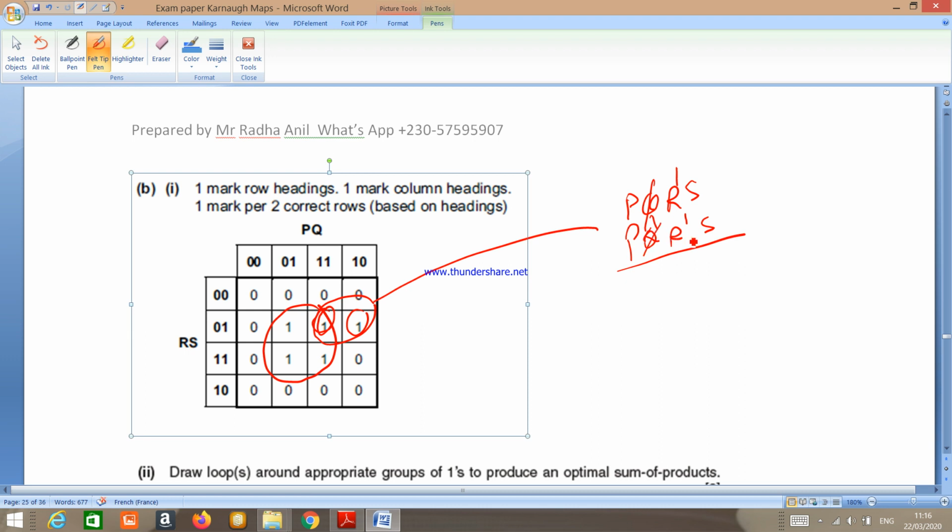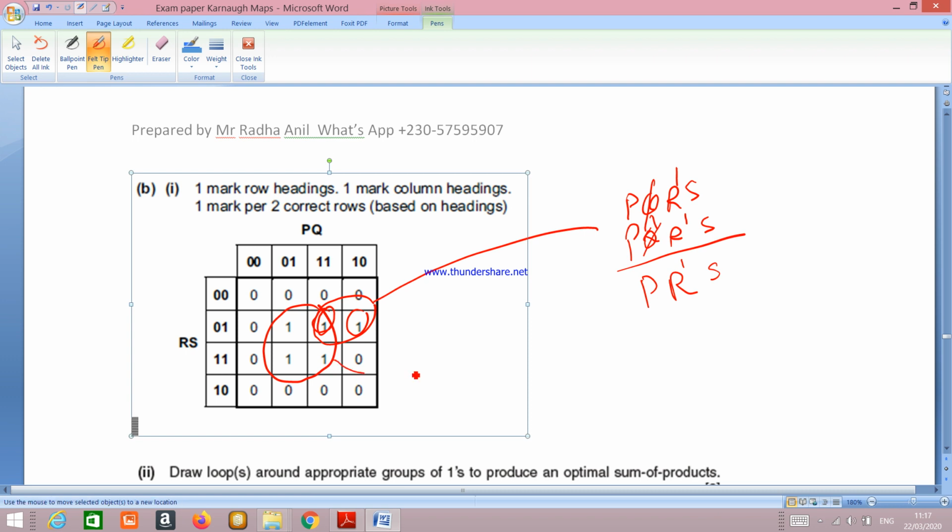So if Q changes, we can cancel it. The answer will be P, R, and S. Okay, let's look at it well. Yes, R is 0, so it's R dash. So P, R dash, and S. Okay, try to check it.